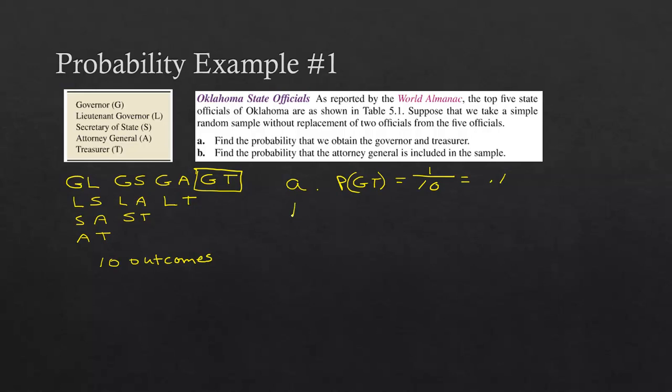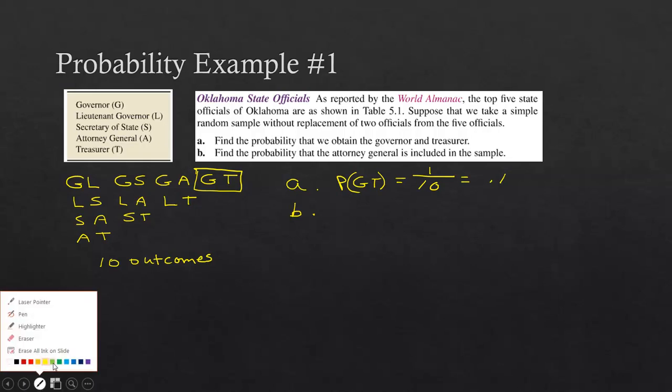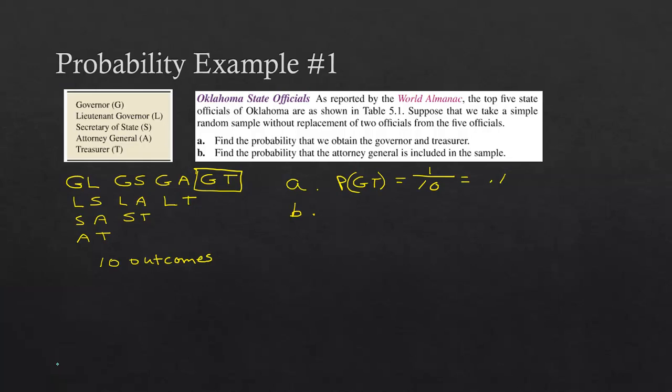Okay, well, what about B? Find the probability that the Attorney General is present. Well, let's select a different color here. How many of these have an Attorney General present? Well, we have an Attorney General present here. We have one here.